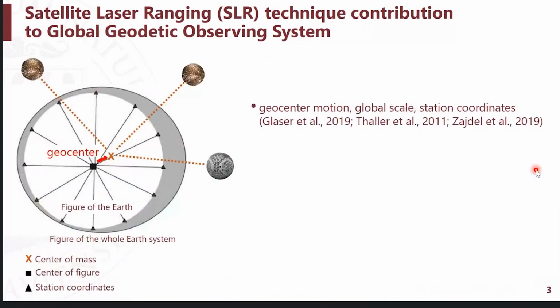SLR measurements to those spherical geodetic satellites are used for the determination of geocenter motion, global scale, and station coordinates. As we know, satellites orbit around the center of mass of the whole Earth system, including Earth, atmosphere, and hydrosphere.